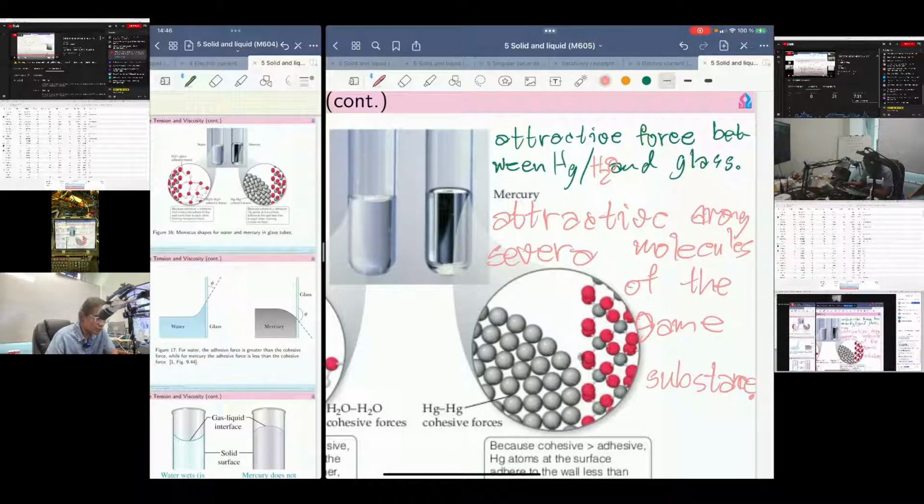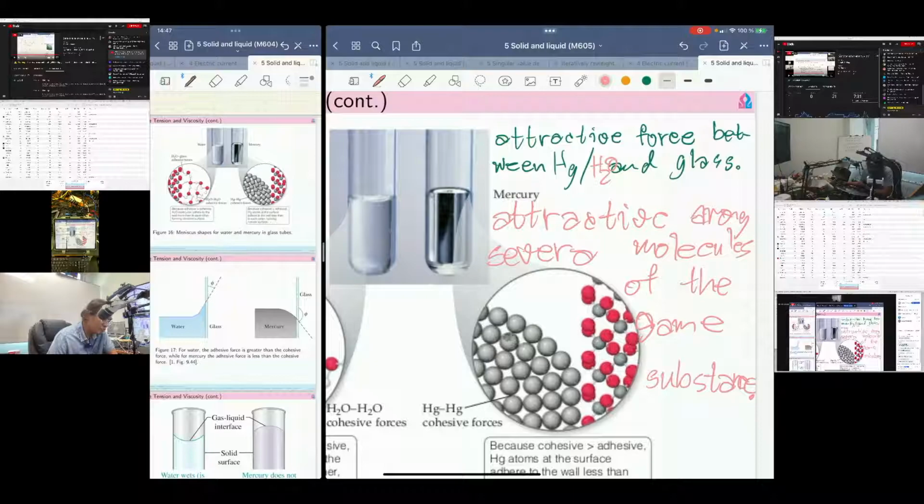Compared to the attractive force between the glass and the mercury, it's called adhesive force here, right? The adhesive force between mercury molecule and the glass molecule, silica or silicon oxide or something like that, is not so strong compared to the cohesive force here.